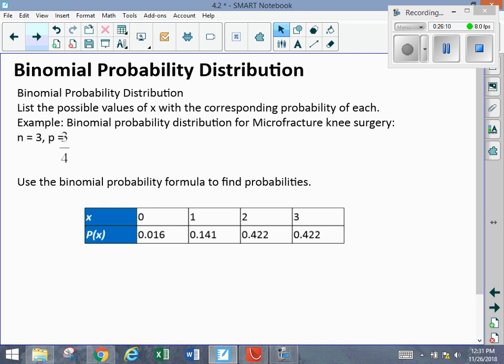Well, it turns out, what this is saying, this is the probability of 0, right?